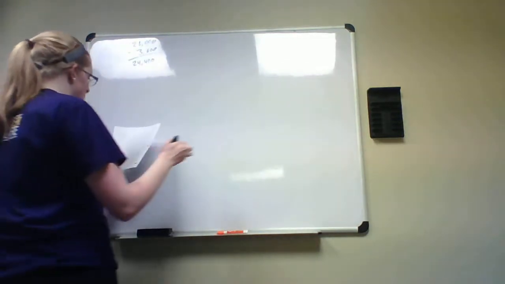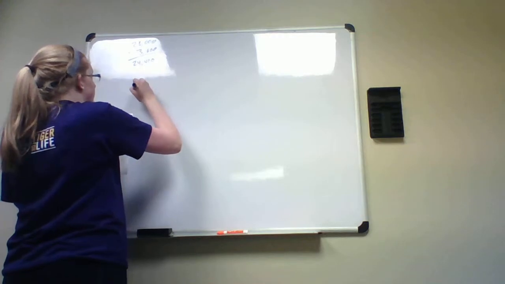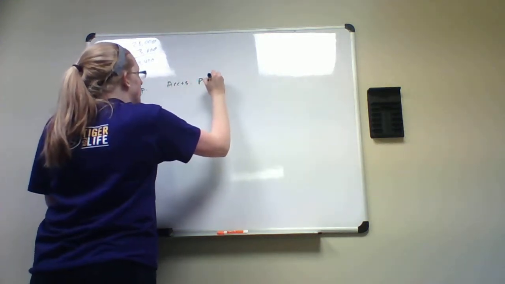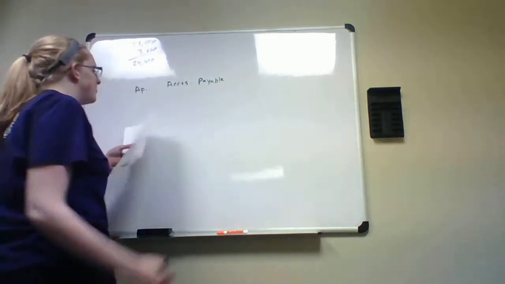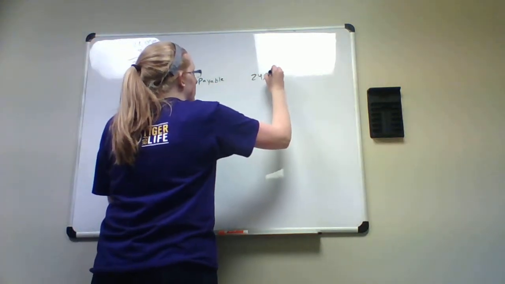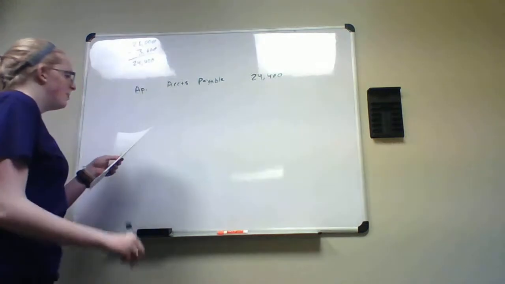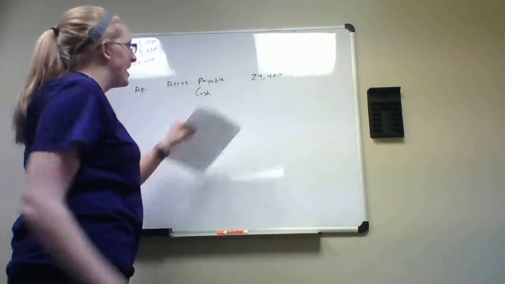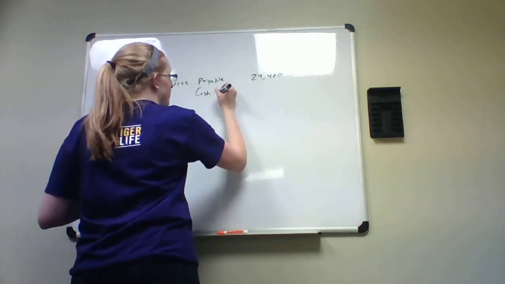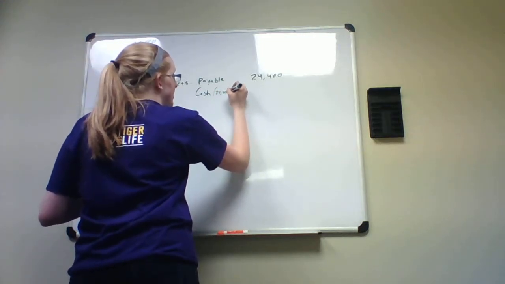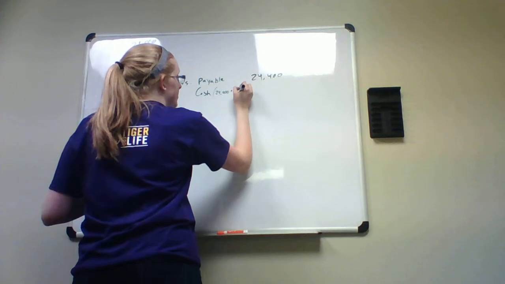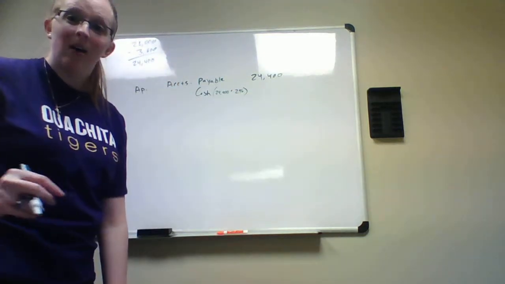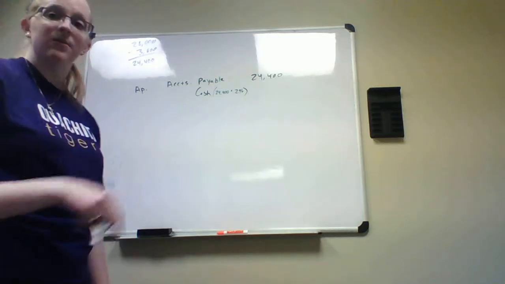So your journal entry, let me just go ahead and clear this off. Okay, so your journal entry for April 15th, you've got your accounts payable, okay, because you've got to pay them $24,400. Okay, but of cash, you get to multiply the $24,400 times 2%, and you get to subtract that from $24,400, okay?